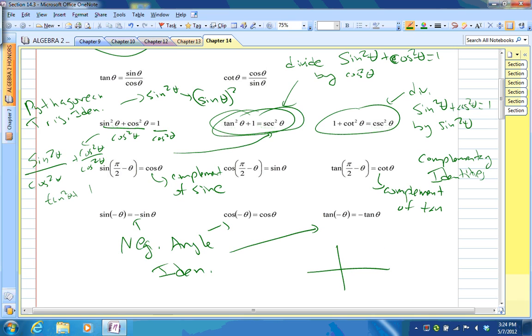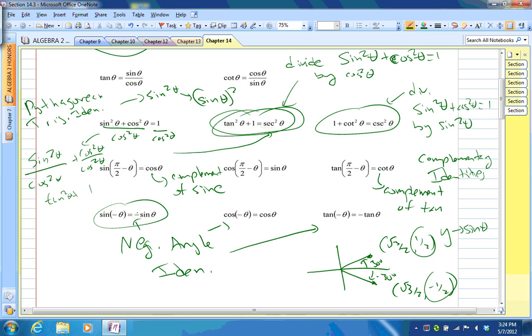These work the way they do because if you think about it, let's say you have 30 degrees. We know the coordinates here are root 3 over 2 and half. Let's say you do negative 30 degrees. Now the coordinates are root 3 over 2 and negative half. Notice how, since y is sine theta, the signs change here. Hence, sine of negative theta is negative sine theta.